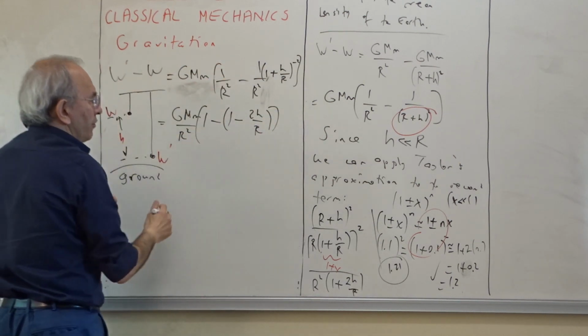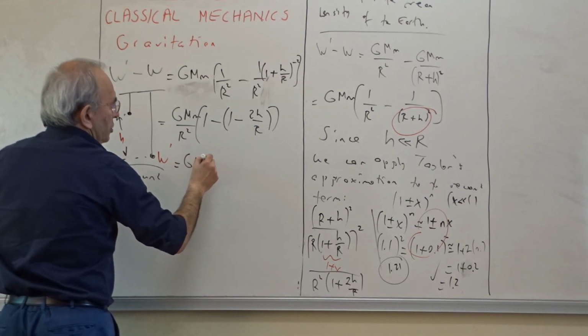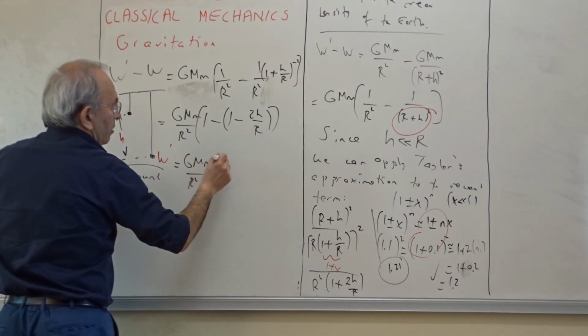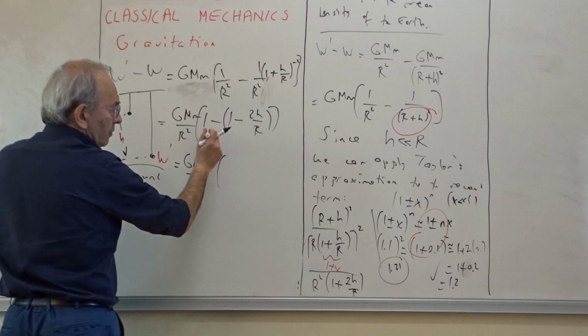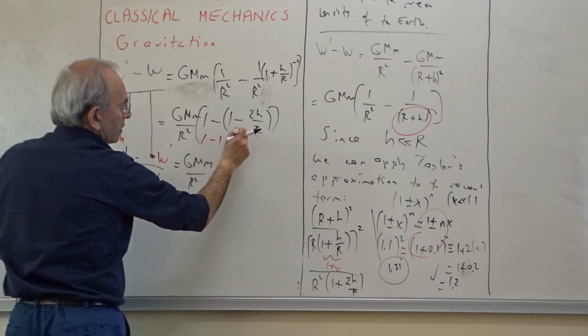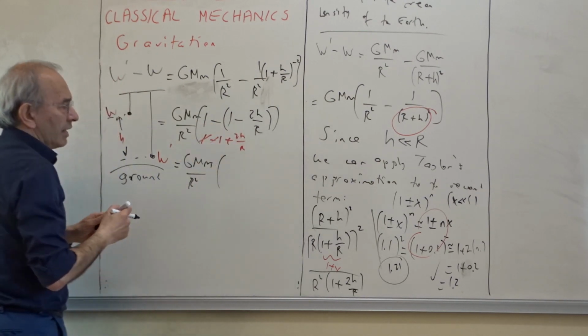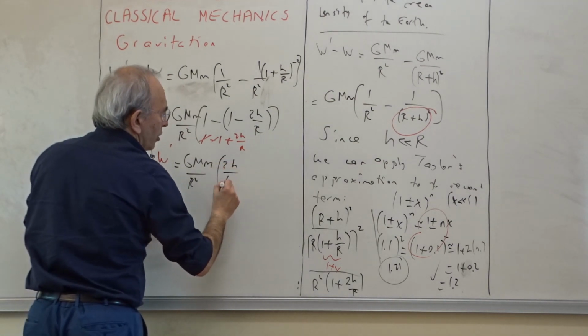So if you open the parentheses, you get GMm over r squared multiplied by 1 minus 1 plus 2h over r, so these ones will cancel. We have just 2h over r.